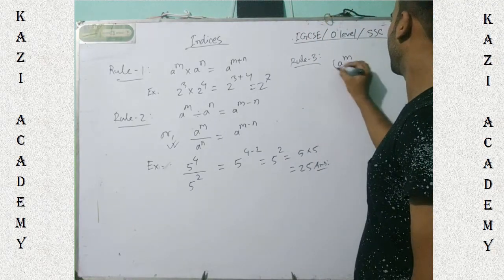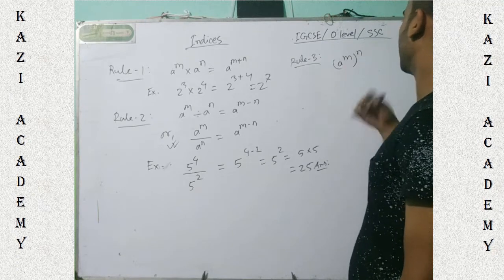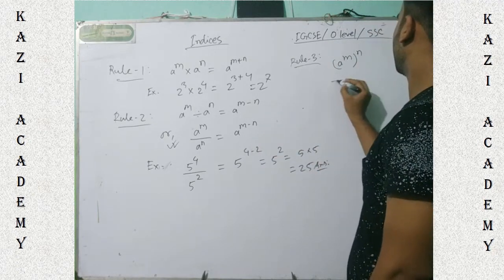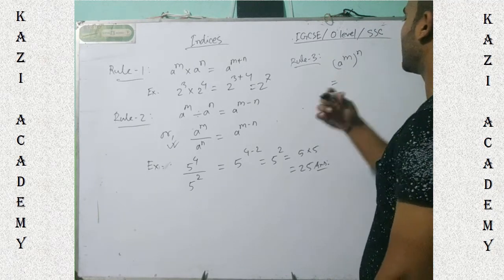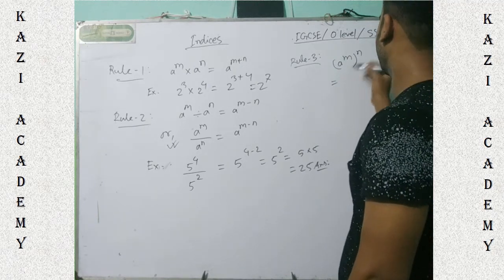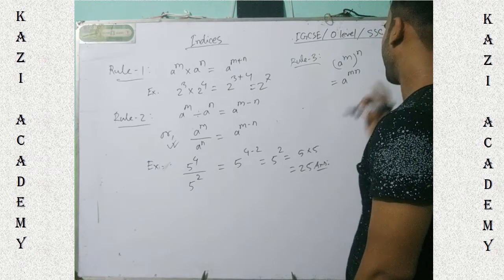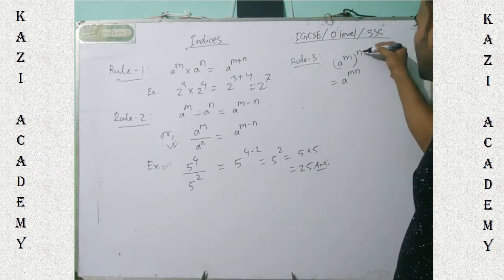Rule number 3, a to the power m, again to the power n. So power and power are always multiplied together. So that's a to the power m times n. So it is actually power এর উপর আবার power.